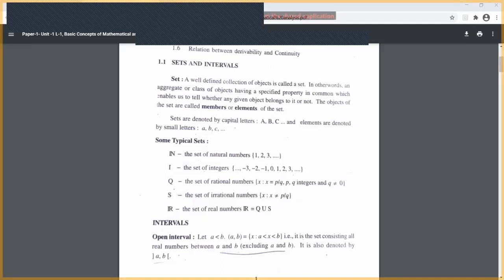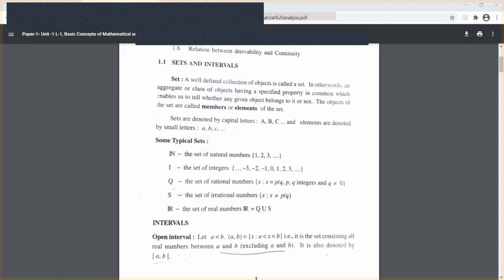Some typical sets are denoted with particular symbols. N denotes the set of natural numbers. We all know natural numbers are 1, 2, 3 up to infinity. Capital I is the set of integers like -3, -2, -1, 0, 1, 2, 3. It contains all these types of elements.